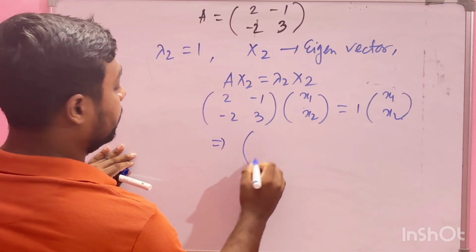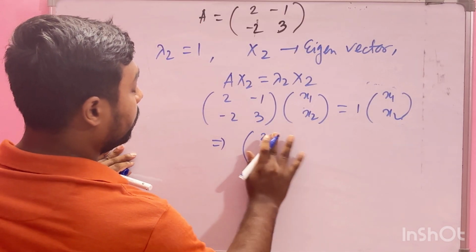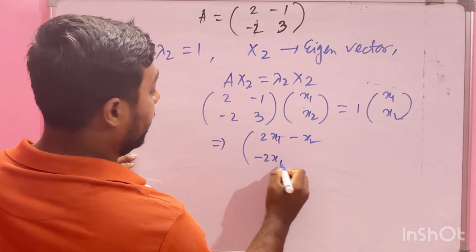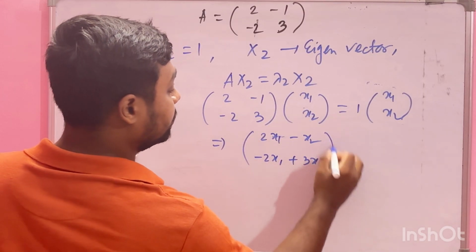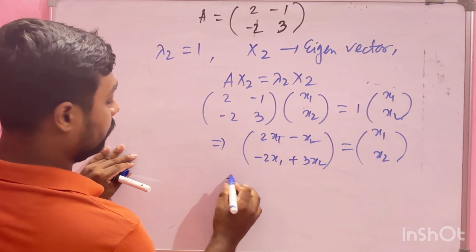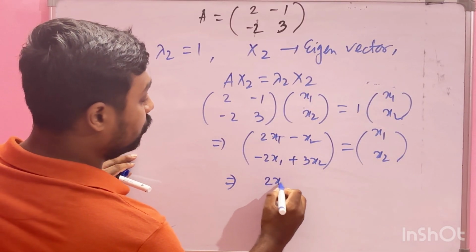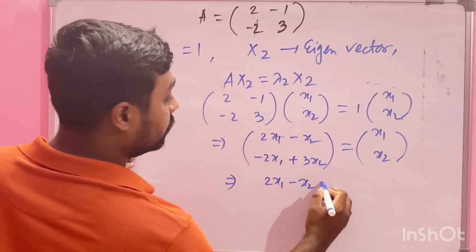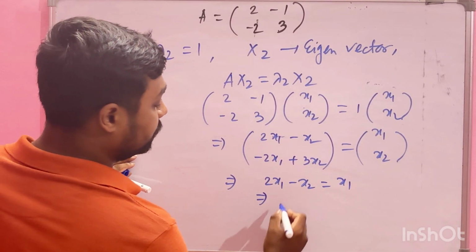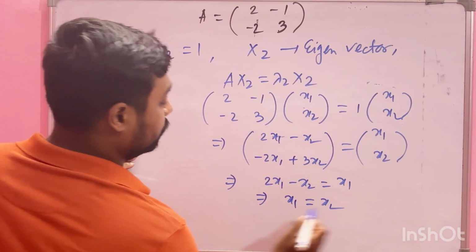So we will have 2x1 - x2 and -2x1 + 3x2 equal to x1 and x2. From here we will get 2x1 - x2 = x1. So that means we will get x1 = x2.